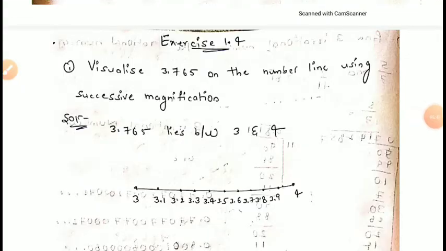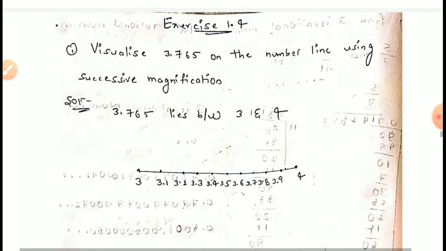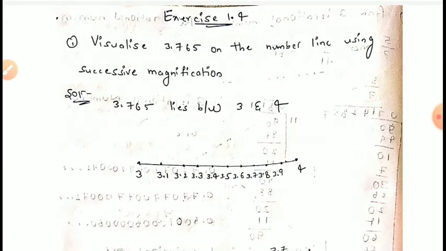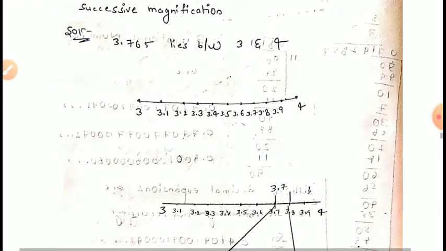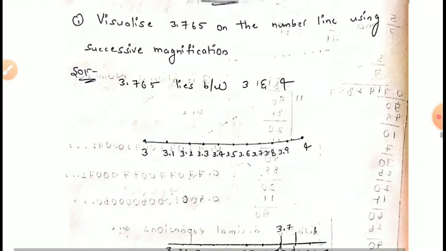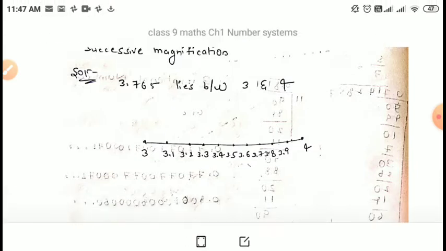Now let us see exercise 1.4, based on visualizing. Here it is given 3.765. 3.765 lies between 3 and 4 first. So 3 will be here, 4 will be here. Between that, what numbers will be there? We need 3.765. So 7 means 3.7 and 3.8 should be chosen.